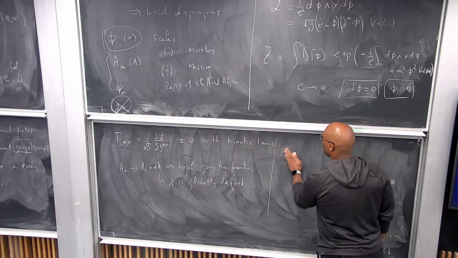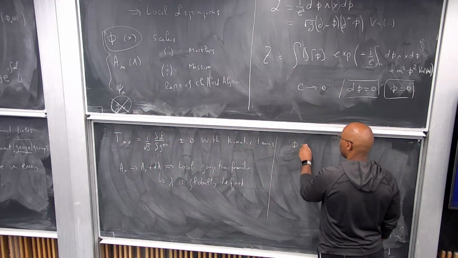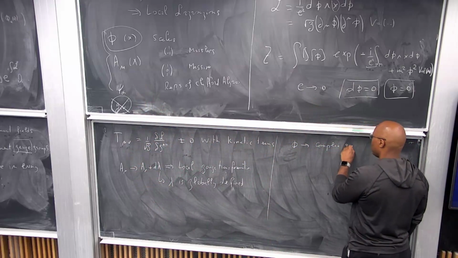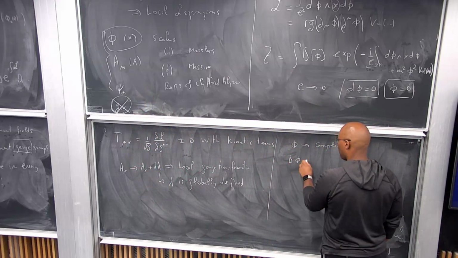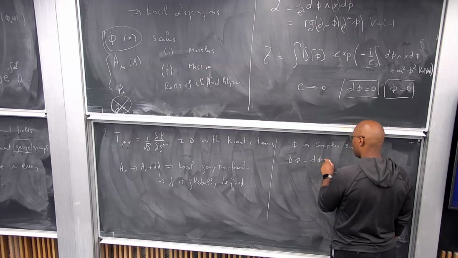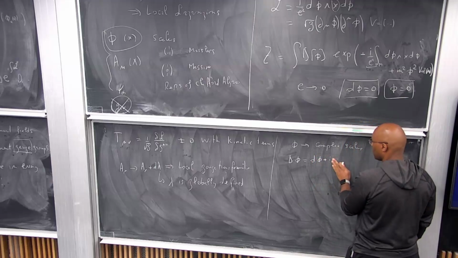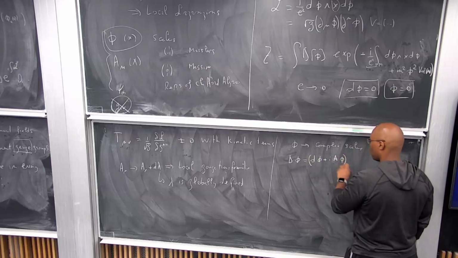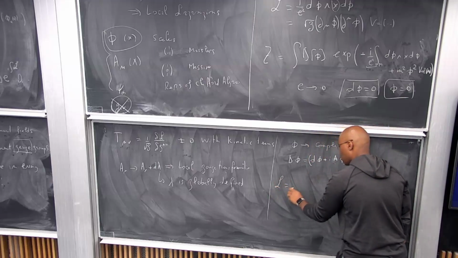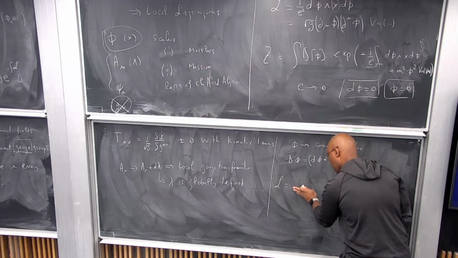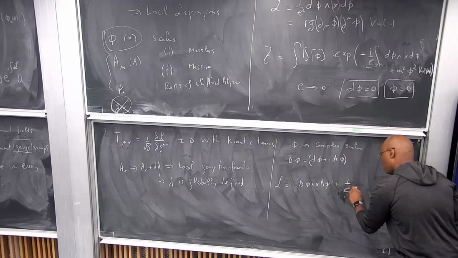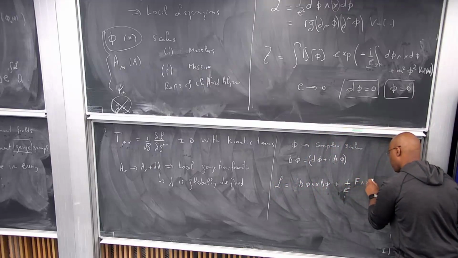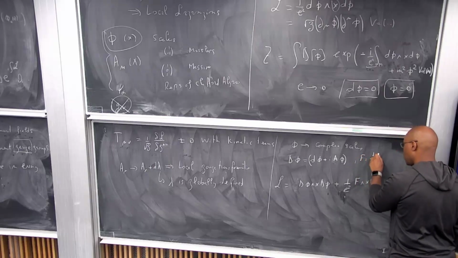I can take now phi to be a complex scalar, and I can introduce an interaction term of phi where I have this quantity d phi plus i e times the gauge field A. I can write down a Lagrangian, which is 1 over some coupling, d phi wedge star d phi, plus 1 over e squared times F wedge star F, where F is dA.